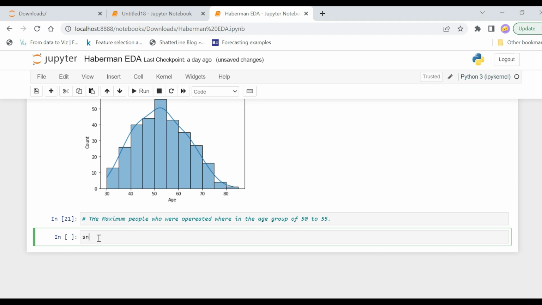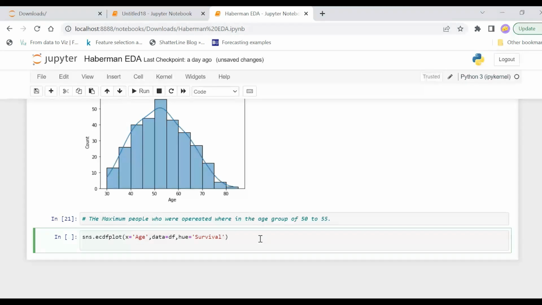So in this case, I write sns.ecdfplot, x is equal to age, data is df, and we use the hue as survival, meaning we want to highlight our visualization as per who survived and who did not survive.